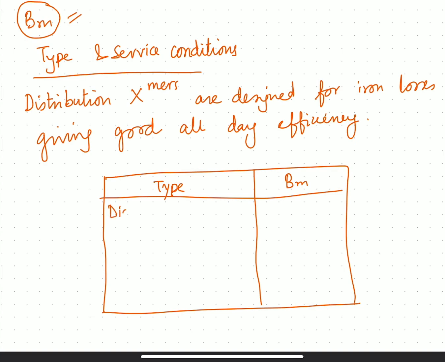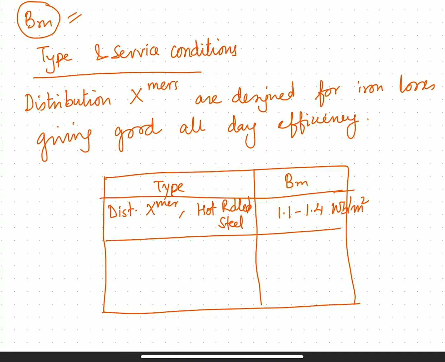For distribution transformer, hot rolled steel, the value of BM is 1.1 to 1.4 Weber per meter square. For power transformers, again hot rolled steel, it is 1.2 to 1.5 Weber per meter square.